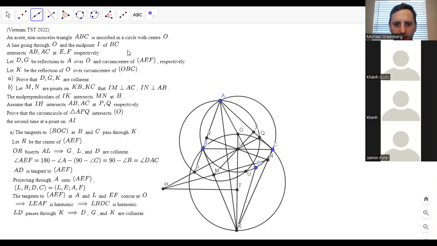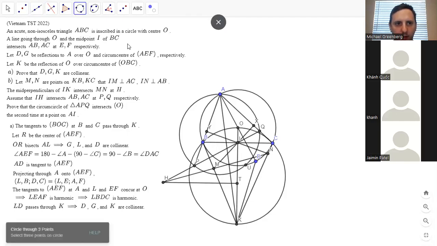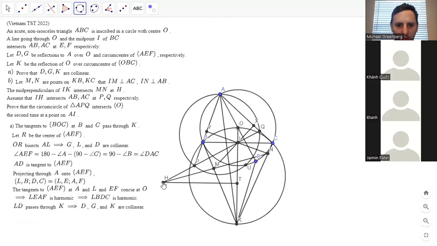Can we say anything about this circle? It looks like O, U, T, H, and this point are cyclic. So U lies on that circle.